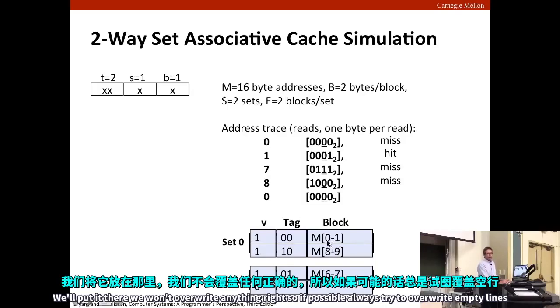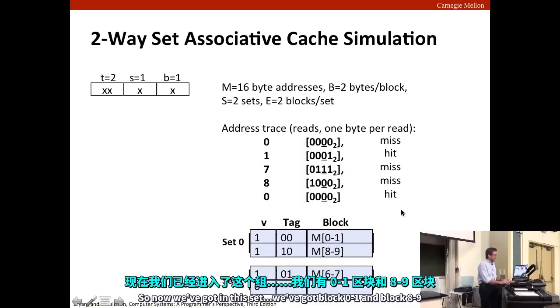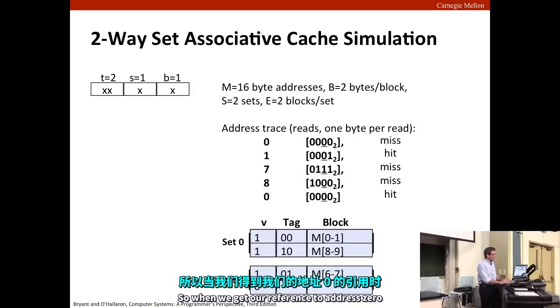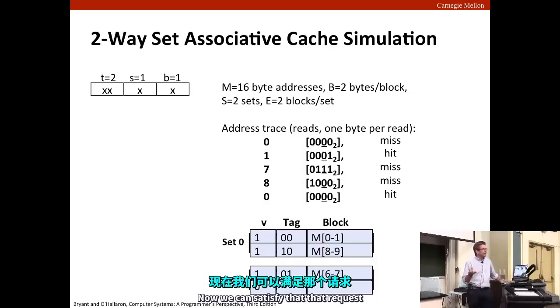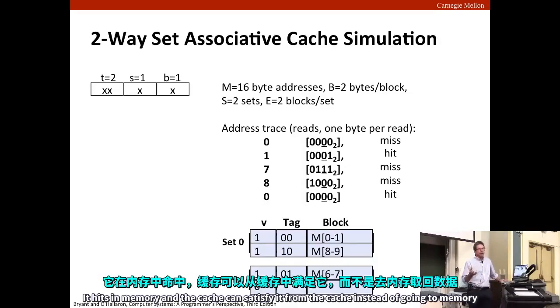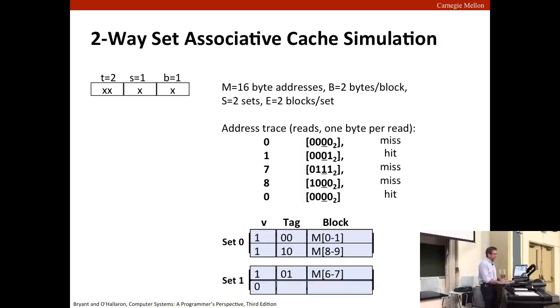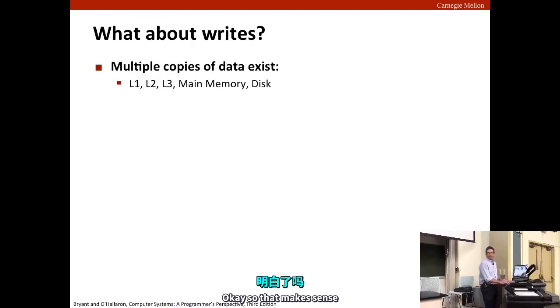If possible, we'll always try to overwrite empty lines. So now in this set, we've got block 0, 1 and block 8, 9. So when we get our reference to address 0, whereas before we had a conflict miss in the direct-mapped cache, now we can satisfy that request. It hits, and the cache can satisfy it instead of going to memory. Does that make sense?